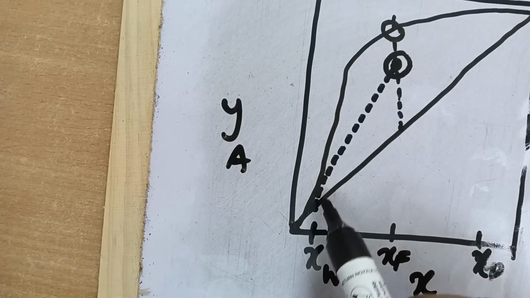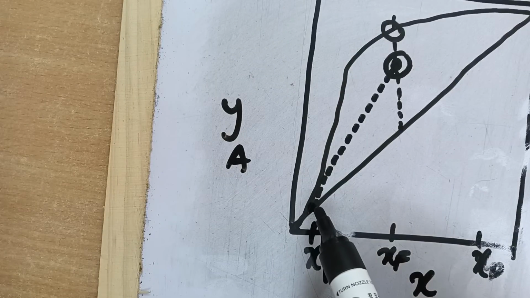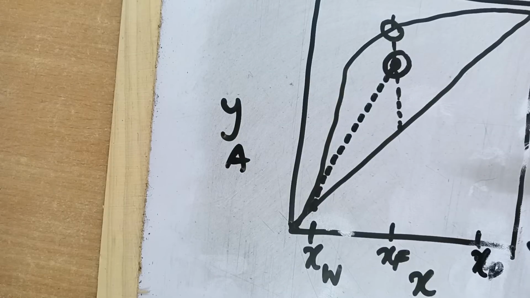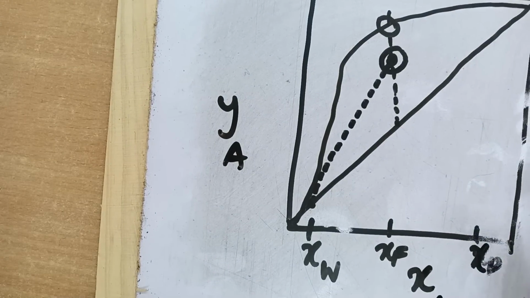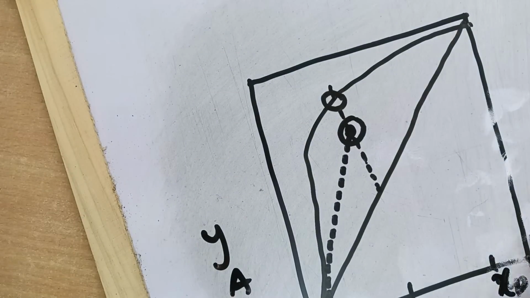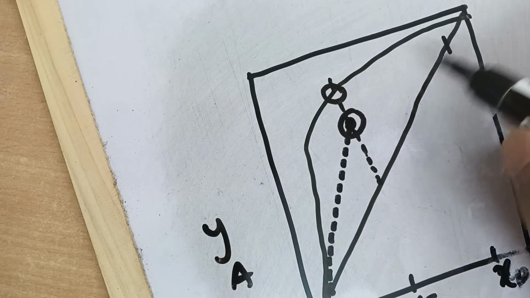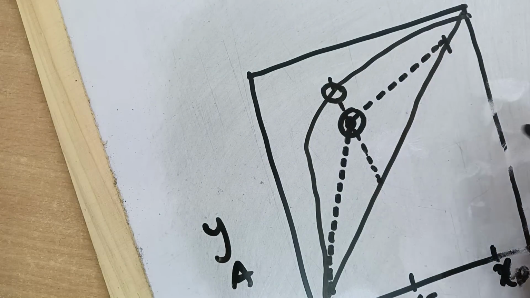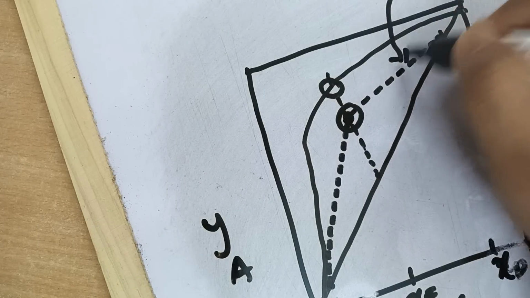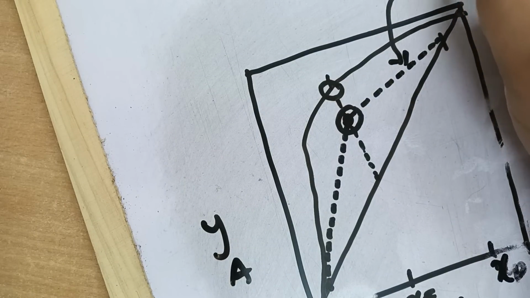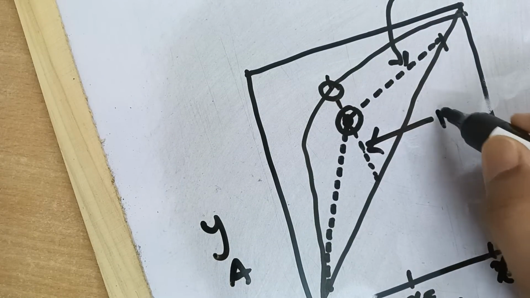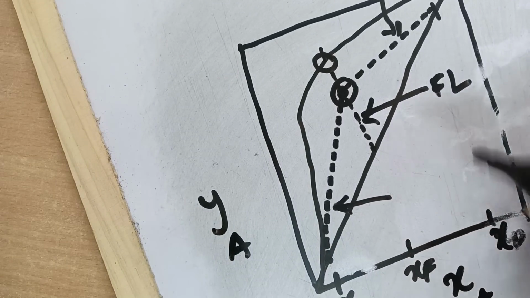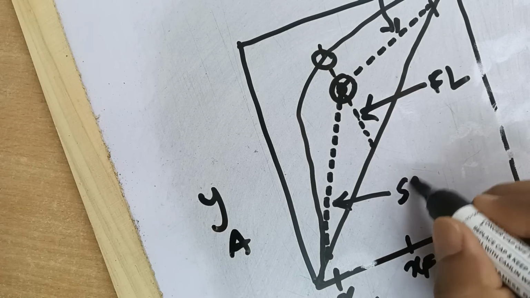Okay, and see, right now there is no crossover of the stripping section operating line with respect to the equilibrium line. So once you find out this point of intersection, then you can easily join 2 points to find out the enriching section operating line. So this becomes the enriching section operating line, this is the feed line, and this line which is tangent to the equilibrium line is basically the stripping section operating line.